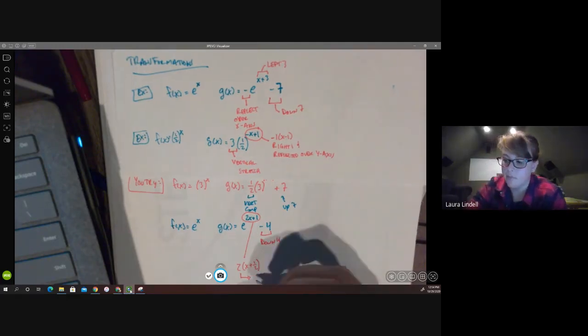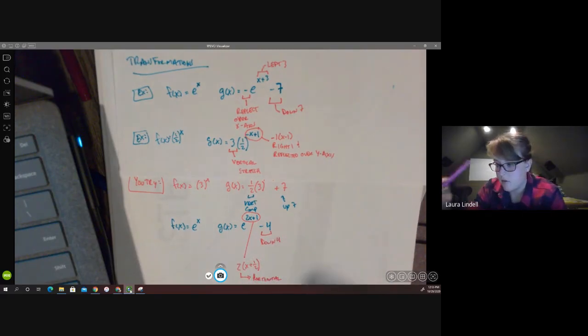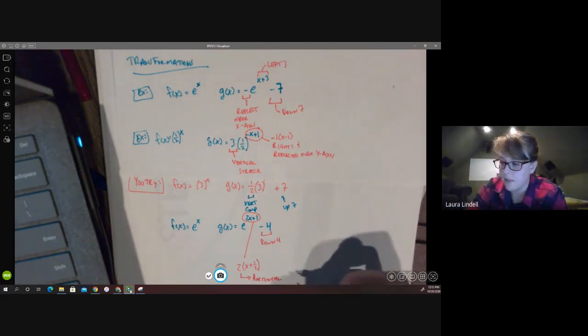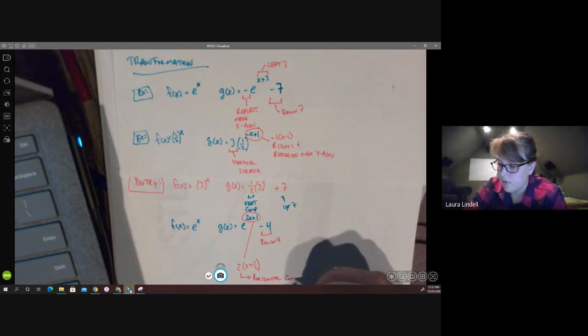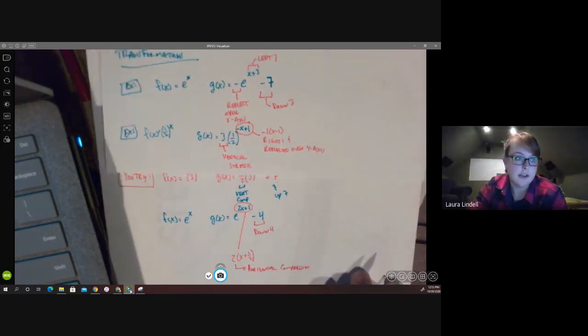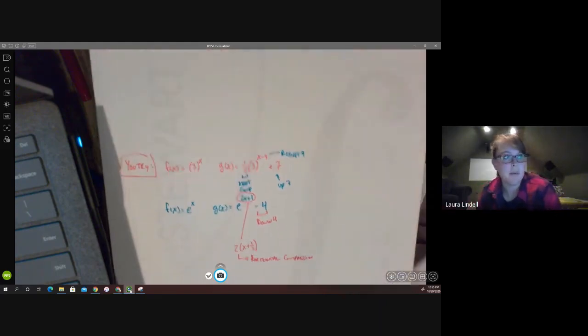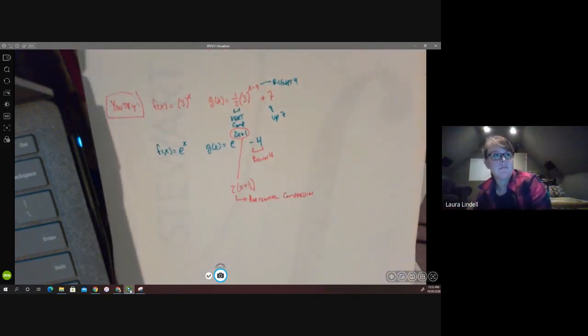Close. It is horizontal. Or actually, you're right. It is, sorry, it's compression. Just like when we had things with quadratics, where the number inside with the x was greater than 1, that was horizontal compression.